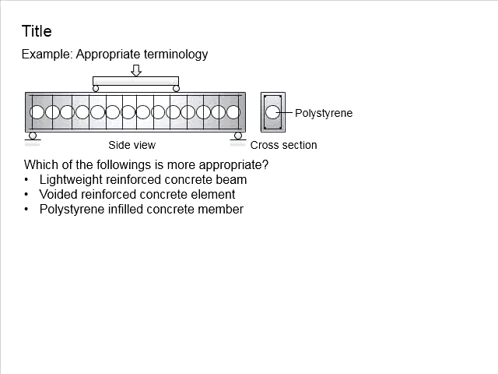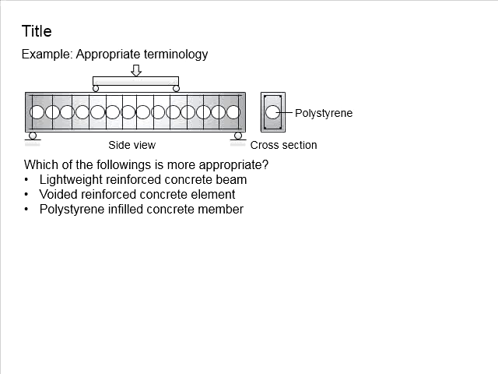The purpose of incorporating this polystyrene in the member is to replace the concrete, which is heavy, with the polystyrene, which is lighter. Presume that the purpose is to reduce the weight of the reinforced concrete beam.